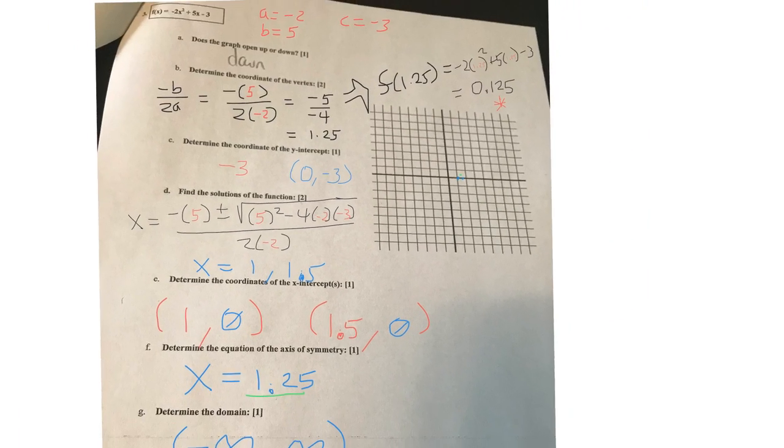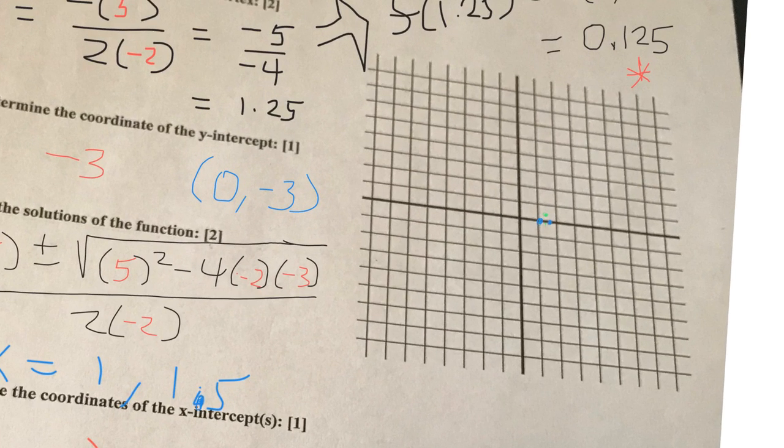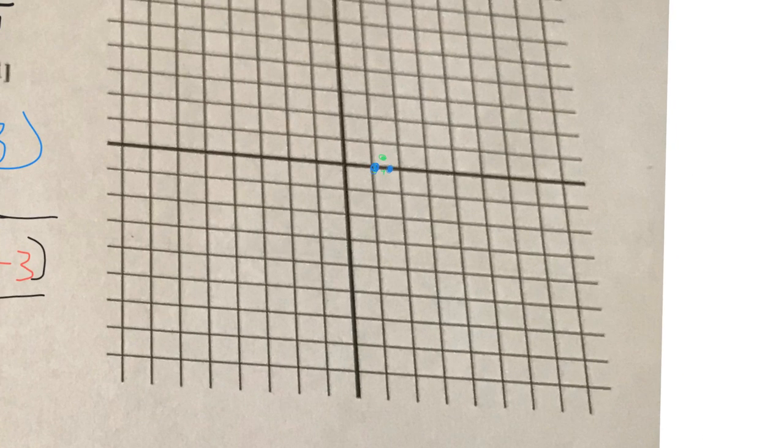And then we also know what the y-intercept is. It's (0, -3). So that's something that we could also graph as well. That would be right here.